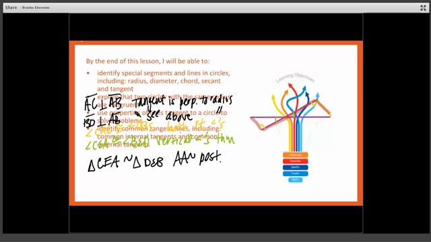I can say AC, that's the first and third letter. So AC is to the first and third letter of the second triangle, BD. BD has to equal AE, so the third and the second, and the third and the second.